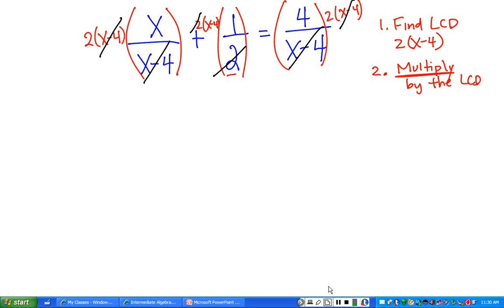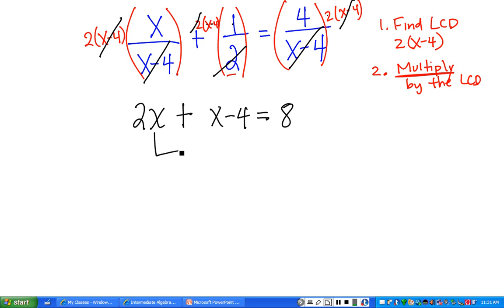So what remains? What remains is a 2 times x, which is 2x, plus what remains here is a x minus 4 times 1, which is x minus 4, and what remains here is 4 times 2, because we're multiplying everything times the LCD, so this is multiplication, so it should be 8.